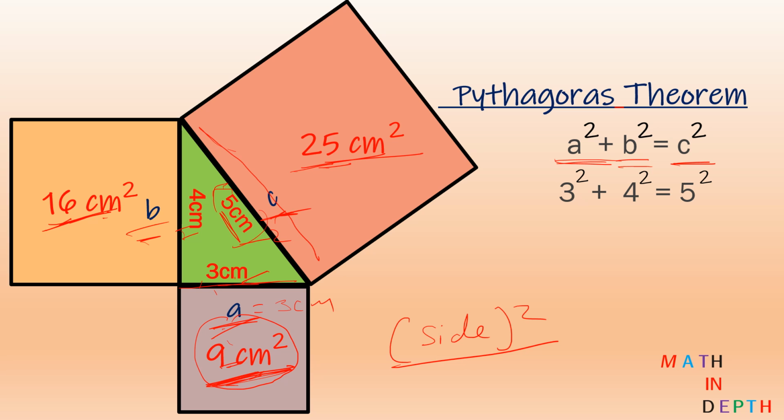Okay, now you understood that if we add up the squares of the lengths of the two sides of a triangle, it's equal to the square of the hypotenuse of that triangle. Okay, here also we can write 9 plus 16 is equal to 25 centimeter square. Okay, you can try with different lengths of the triangle and check whether it's working or not.